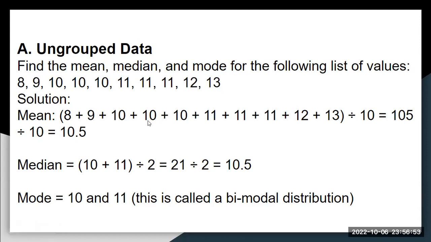So, 8 plus 9 plus 10 plus 10 plus 10 plus 11 plus 11 plus 11 plus 12 plus 13 divided by, ilan yung n natin? 1, 2, 3, 4, 5, 6, 7, 8, 9, and 10. So, divided by 10. So, that is 105 divided by 10, and that is equal to 10.5. So, this is the mean of our ungrouped data.